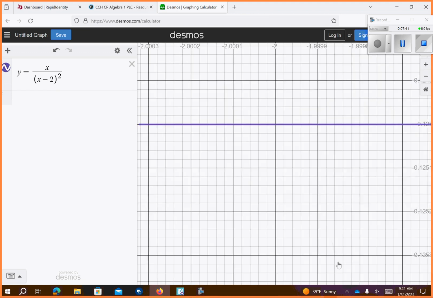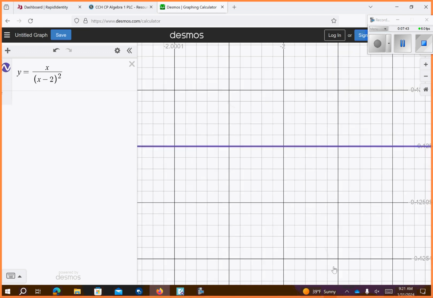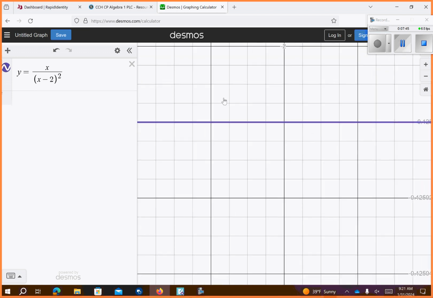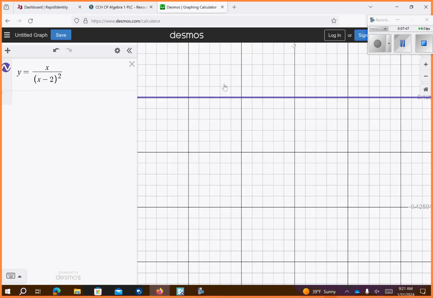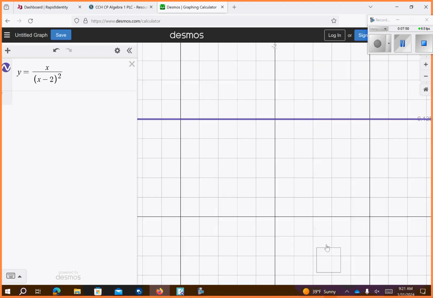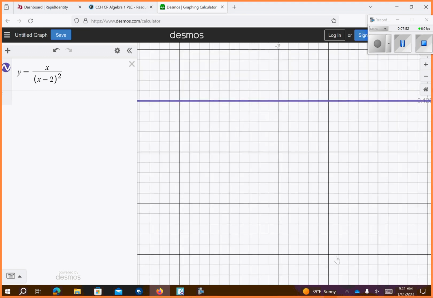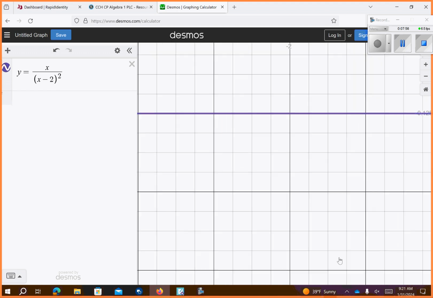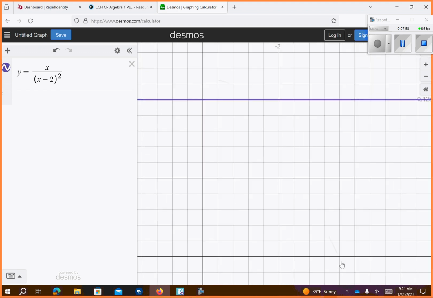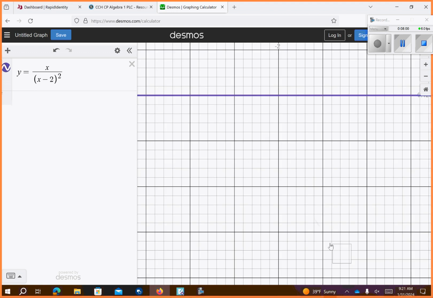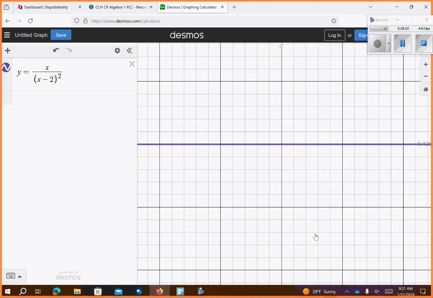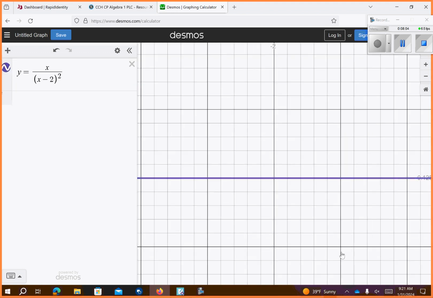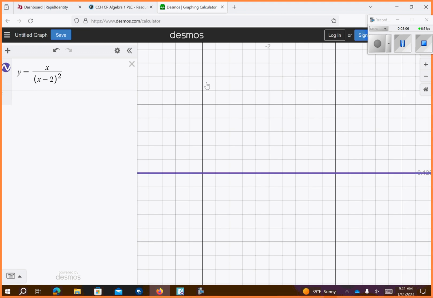I think it's eventually going to start. This is like the microscope. Ooh, that's as close as I can get.